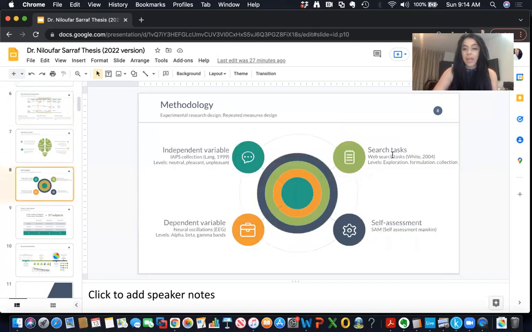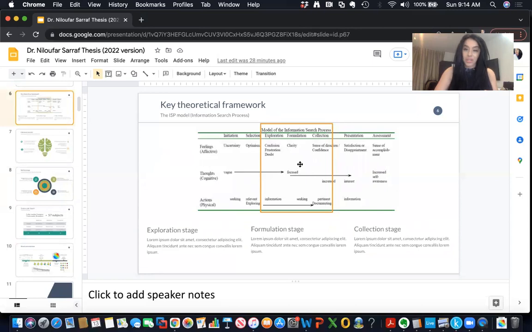The way I was able to prove it was that I found White. In 2004, he wrote several papers where he conducted several studies, and based on those studies, established specific search tasks that he claimed would put subjects into these stages.